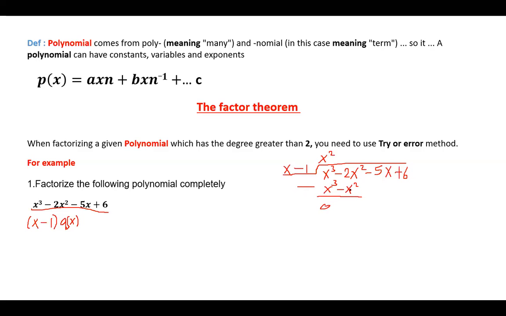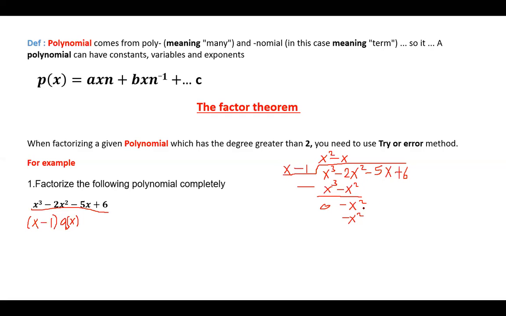Negative 2x squared minus negative x squared, you get a negative x squared. Then you divide x into negative x squared, you get negative x. Then negative x times x, you get negative x squared.